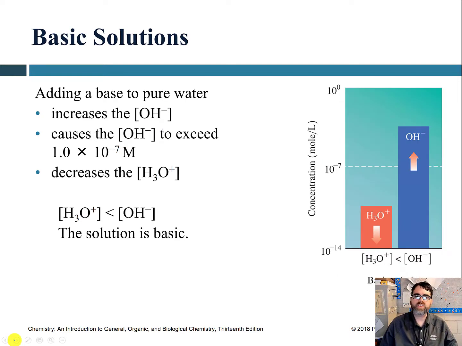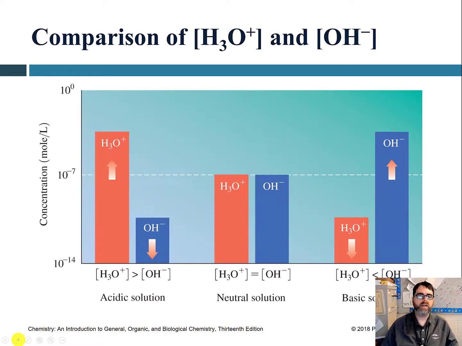Basic solution, hydroxide more common. And so then the amount that is each of these changes. It's no longer the 10 to the negative 7th, and so you're getting bigger numbers in the decimal, but that means smaller the way we write them out because there's fewer zeros leading the numbers in there.